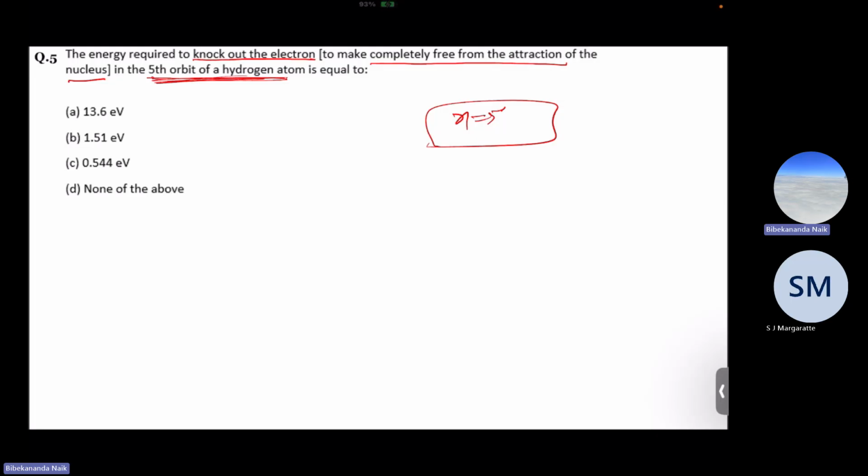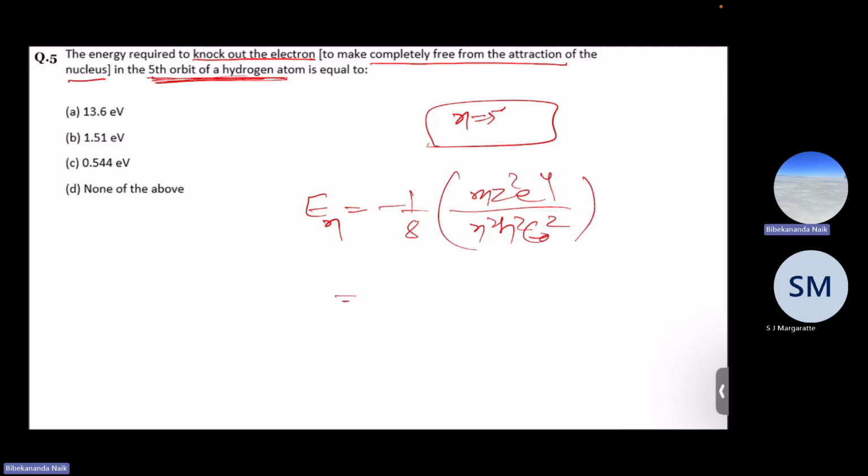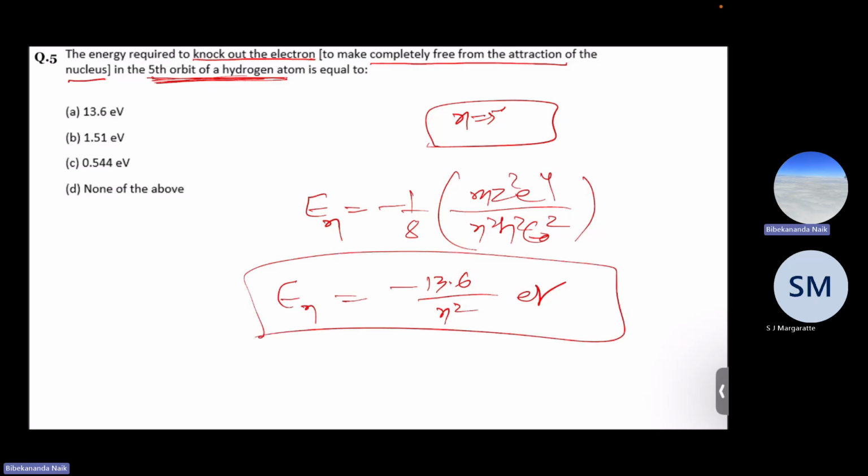So we know from the energy expression, the energy of an nth orbit is given by minus 1 by 8 m Z square e fourth divided by n square h square epsilon 0 square. If you put all the values for hydrogen atom, it will come out to minus 13.6 divided by n square in electron volt. So for fifth orbit, n equal to 5.